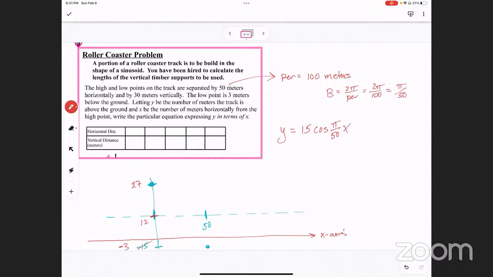Pi over 50 x, and then what? Is there a shift? How much is it shifted? Yeah, there's a horizontal shift. No, there's a vertical shift. There's a vertical shift of what? 12. That's right, 12, good. So there's your equation. Okay. Good.